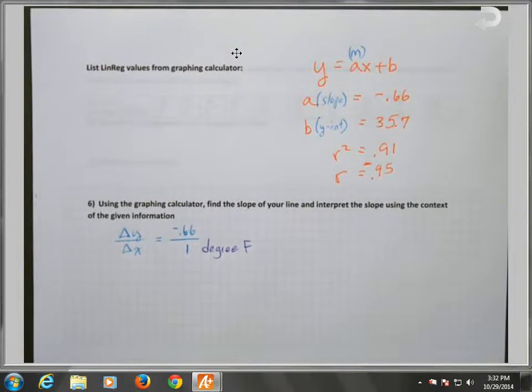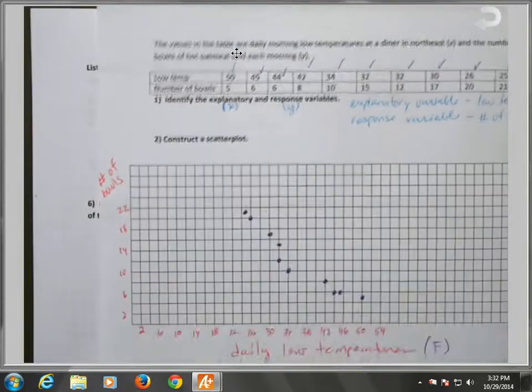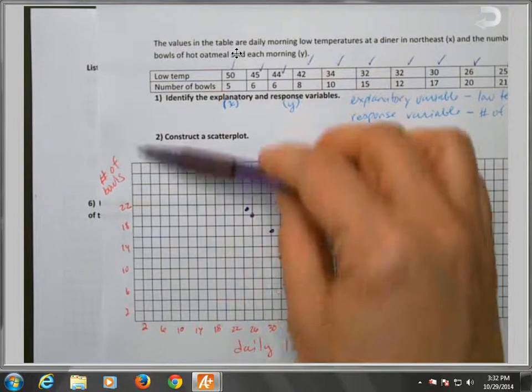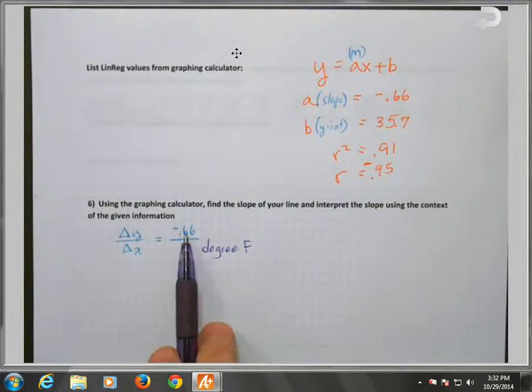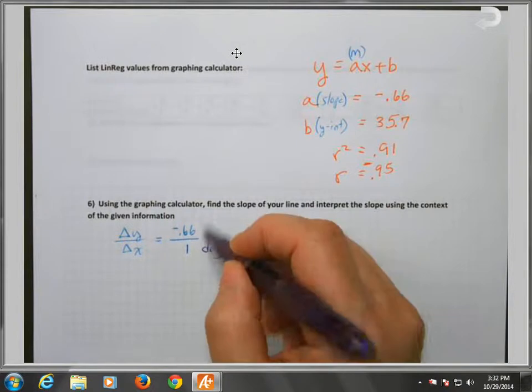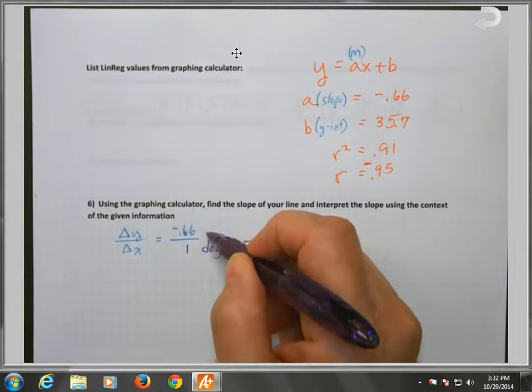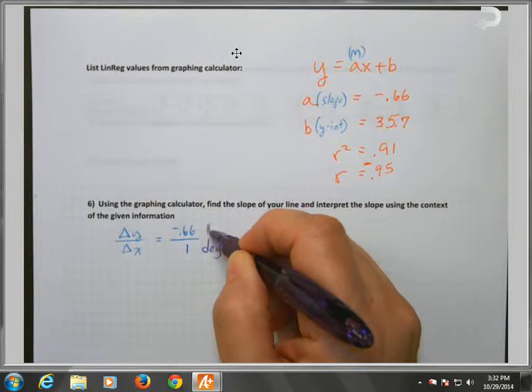Then the change in y is referring to the number of bowls of oatmeal. Okay, so this is referring to, well, it's almost 1 bowl of oatmeal. It's 0.66 bowls of oatmeal. So this, in the numerator now, is the number of bowls of oatmeal.